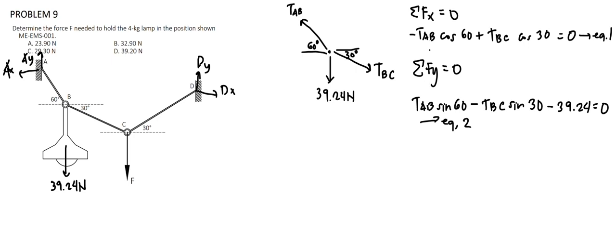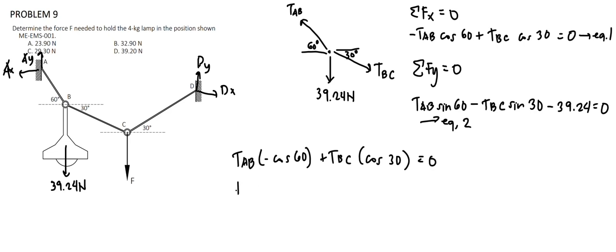Now we have two simultaneous equations with two unknowns. Let us first arrange these equations. For equation 1, we have TAB times negative cos 60 degrees plus TBC cos 30 degrees equal to 0.